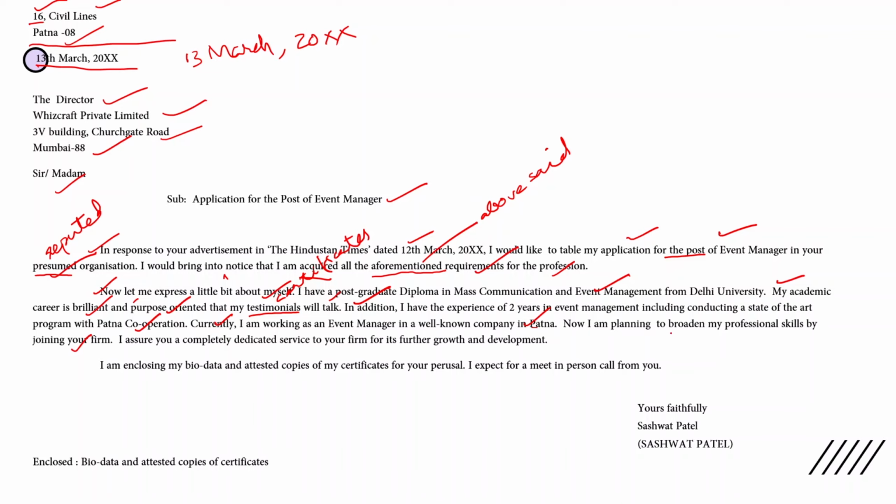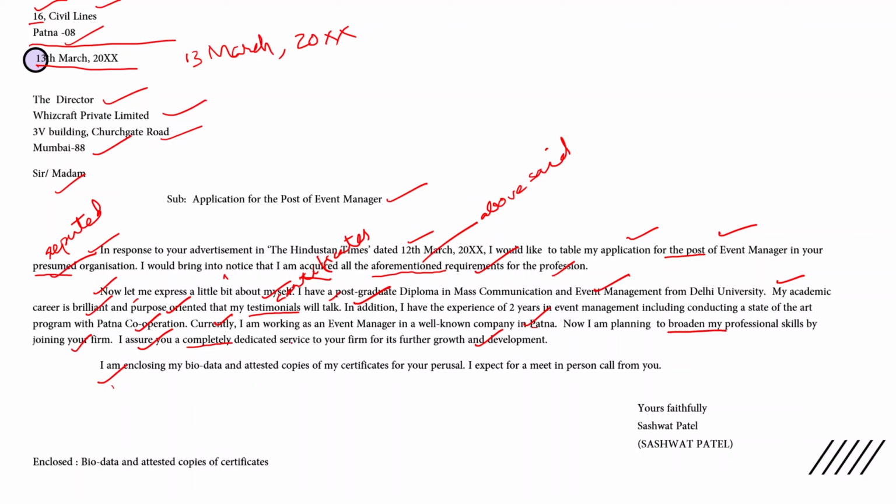I assure you a completely dedicated service to your firm for its further growth and development. This is your assurance given to the employer for dedicated service for the upliftment of the firm.